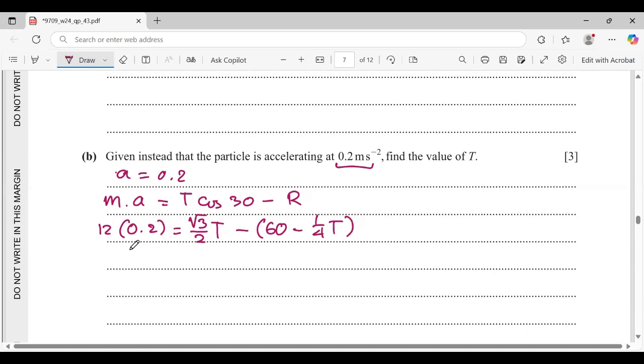If you calculate, this is 2.4 and square root 3 half t plus 1 quarter t minus 60. This is 1.116025 and so on t.